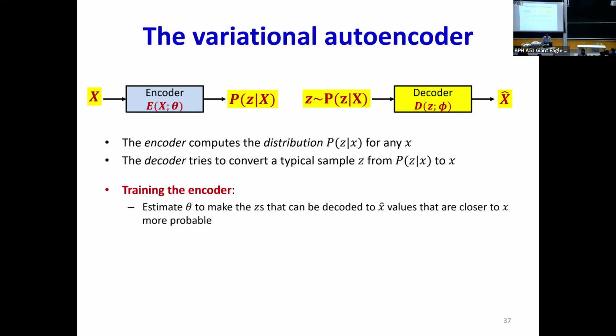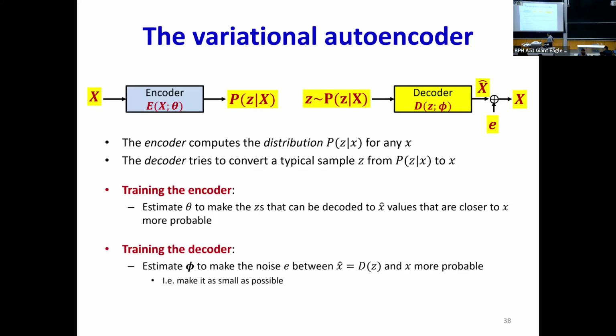Okay, sure. So we want to estimate the theta to make the z's that can be decoded into x hat values that are closer to x more probable, right? That's what you want. The encoder must produce a distribution so that the most likely z's are most likely to be converted to x hats, which are very close to x.